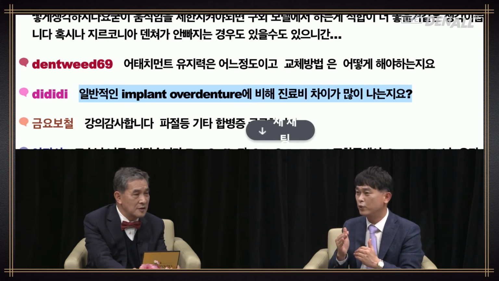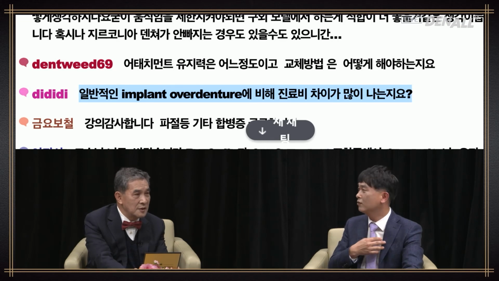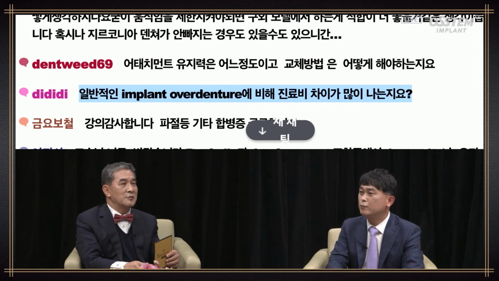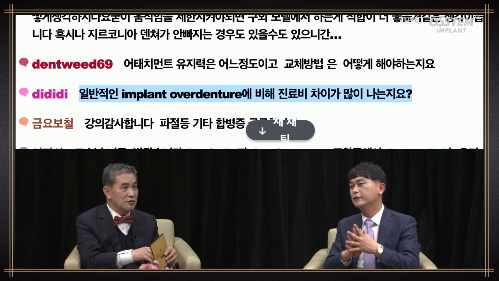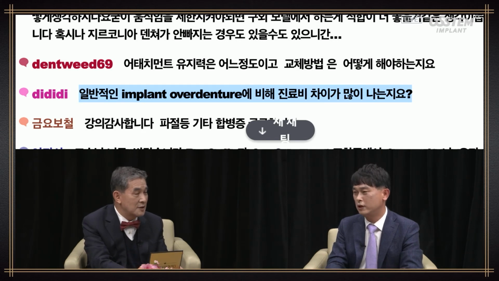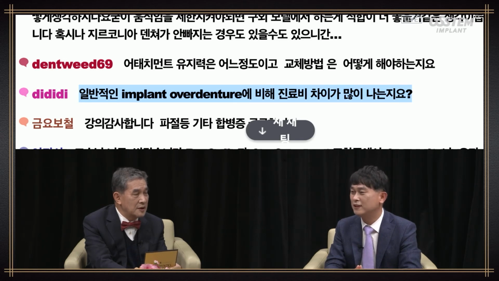So the overdenture is based on 4 implants. Based on 4 implants, a bar is used. So the lab cost, yes, the lab cost. The treatment cost may vary from hospital to hospital. So is the lab cost 1.2 million for 4 implants, the bar and plastic overdenture?